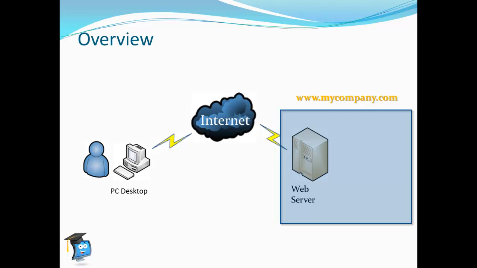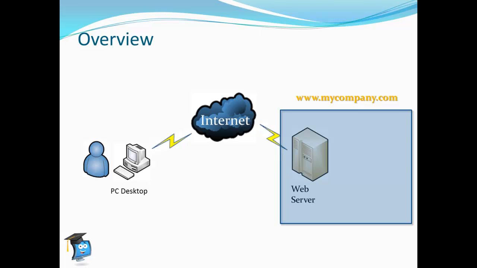The www is actually the name of the server. mycompany.com is the name of my domain. So within my domain I may have multiple servers. One server may be called FTP, another server might be called email, and I have one server that's called www, which is the default name for a web server in a given domain.